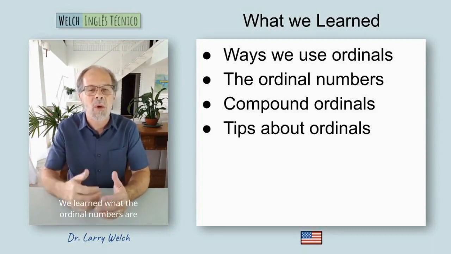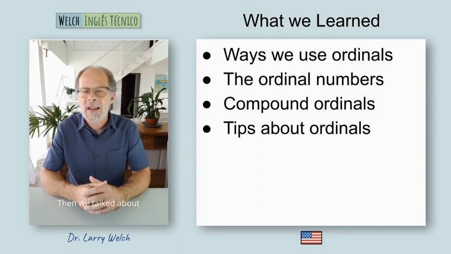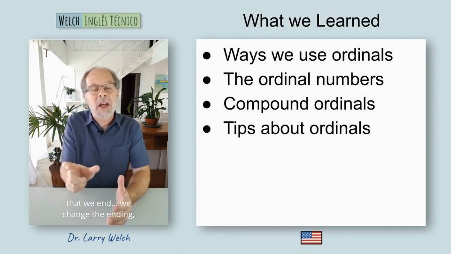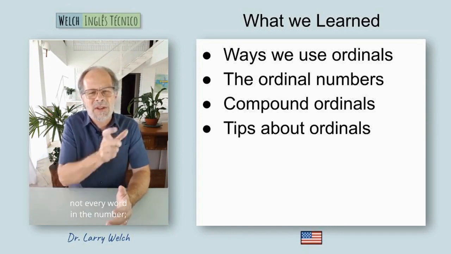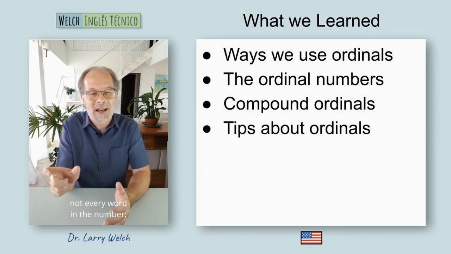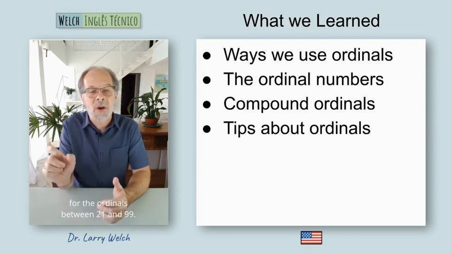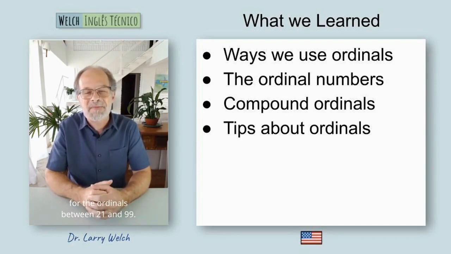We learned what the ordinal numbers are and how to say them. Then we talked about compound ordinal numbers, that we change the ending, the last word in the ordinals, not every word in the number. And that we also use hyphens for the ordinals between 21 and 99. And finally, we looked at 4 tips.